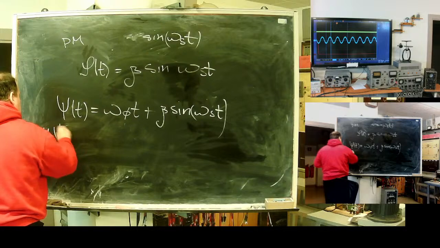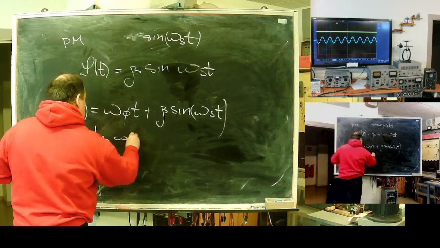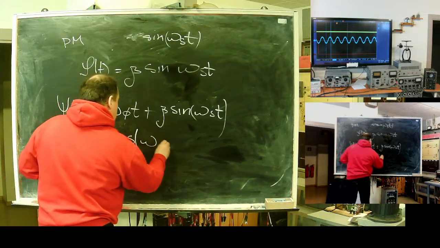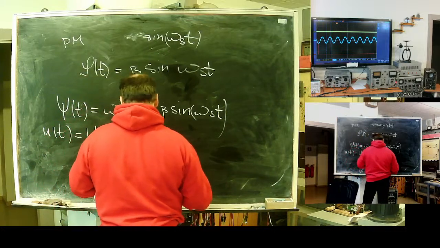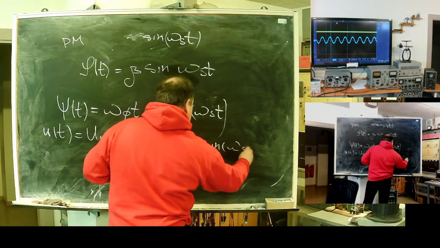The resulting signal will be cosine of omega 0 time plus beta sine omega s time.